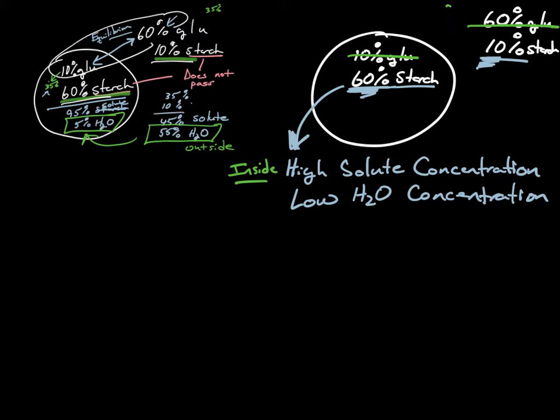Here on the outside of the cell, you have a 10% starch solution, which tells you it's much lower, so you have a low solute concentration. Therefore, you have a what? A high water concentration.